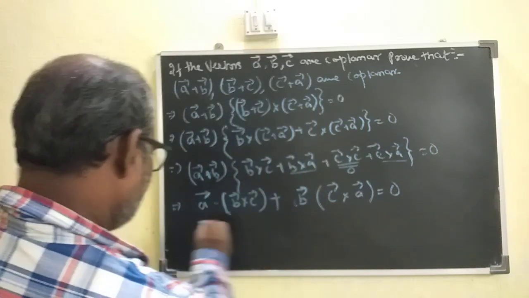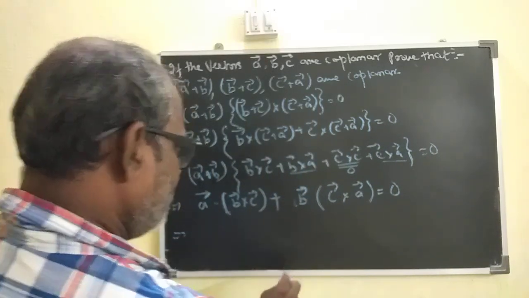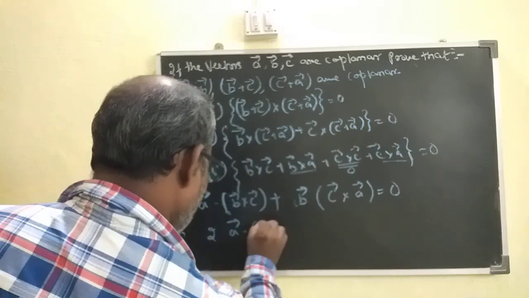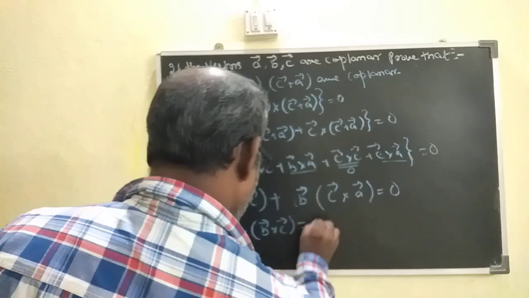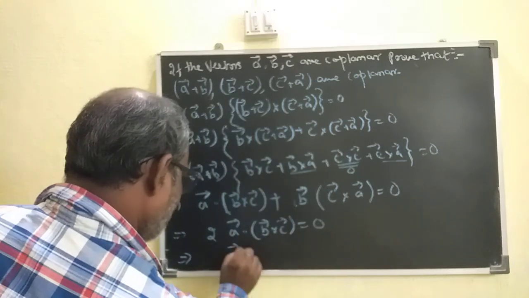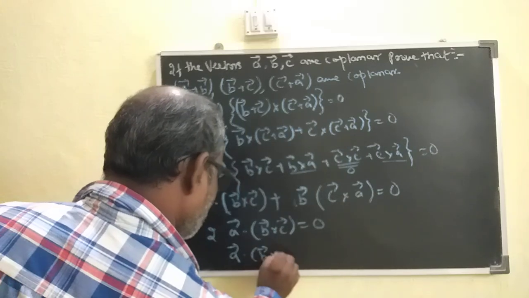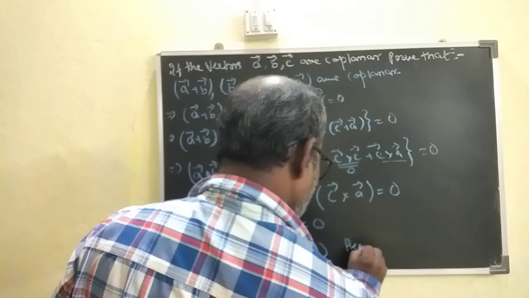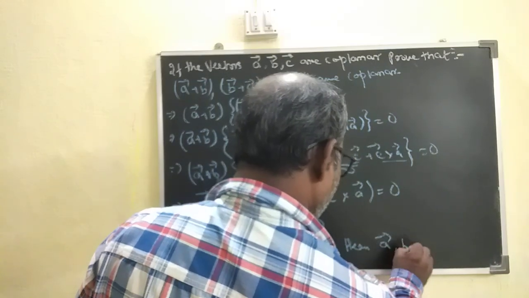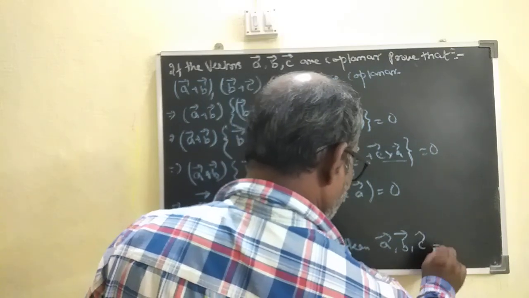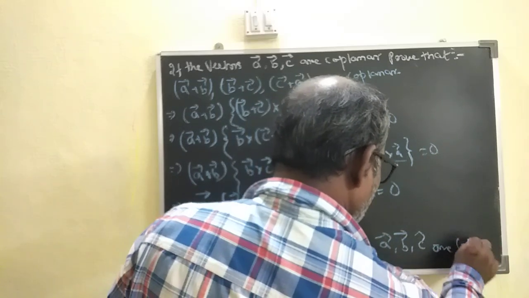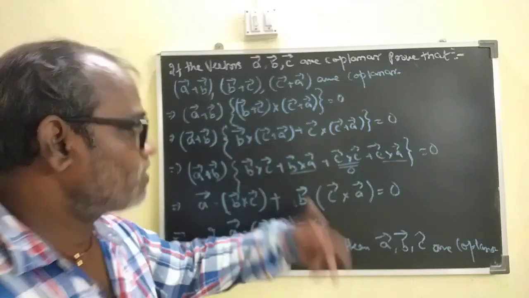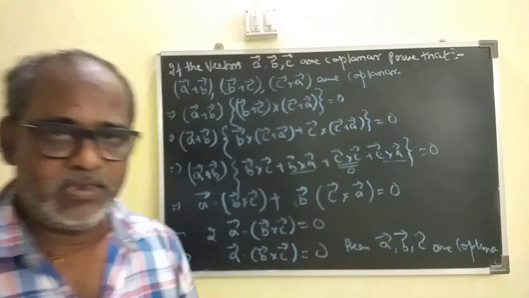So from here we can write down A, B, C, 2A B cross C vector equals 0, which implies A vector dot B vector cross C vector equals 0. Hence A vector, B vector, C vector are coplanar. So we have proved the converse of it, and the converse of this also can be proved very easily.